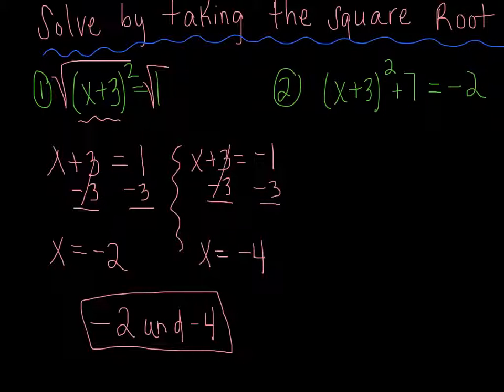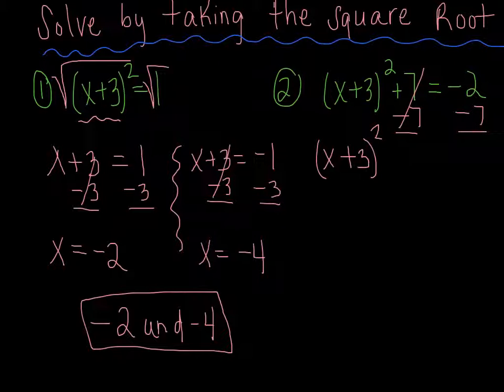On number 2, we're going to do the same thing, except before we take the square root of (x plus 3) squared, we must subtract 7. I want to move everything to the other side before we take the square root. So we're left with (x plus 3) squared equals negative 9.